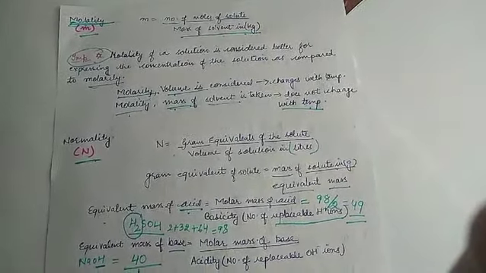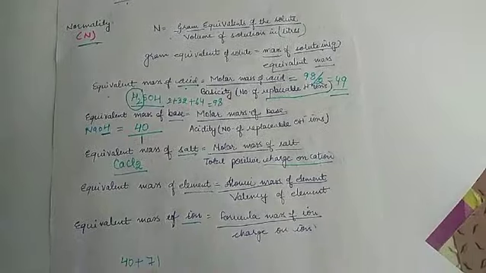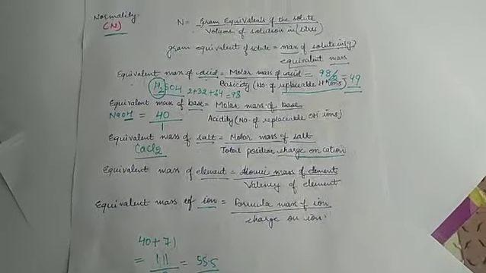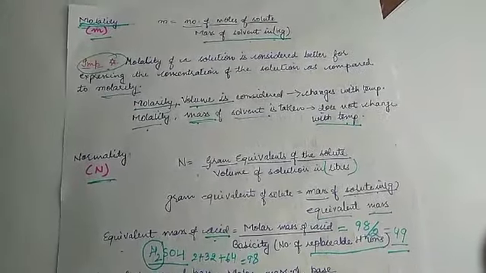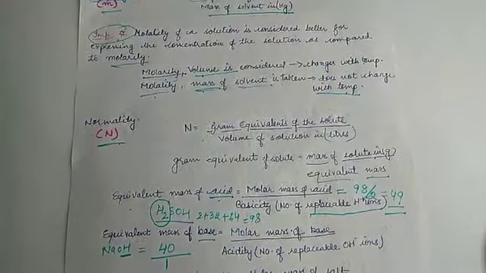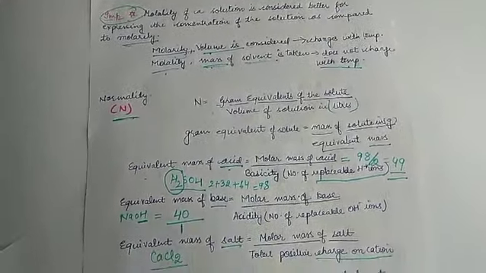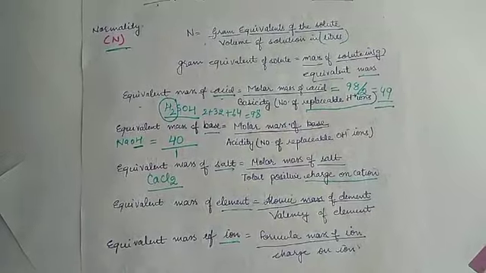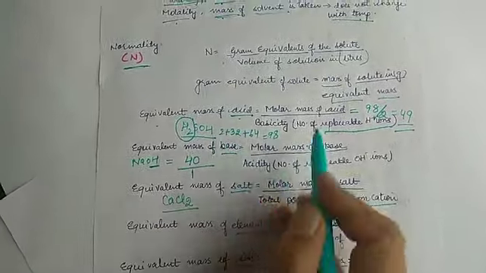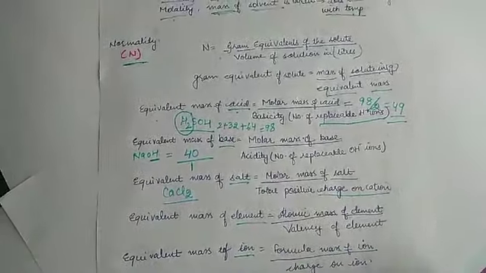You also did all these in class 11, but here it is required in class 12 also. So I am focusing on it so that you can read it properly once again. This is molarity, normality. This is very important. It will also help you in your practicals, in calculating the equivalent mass.